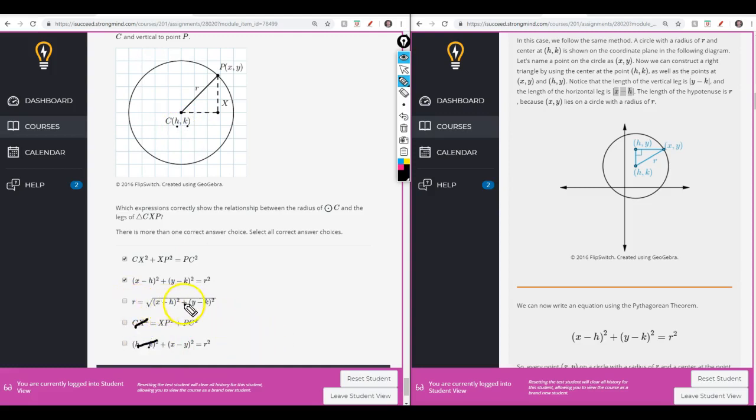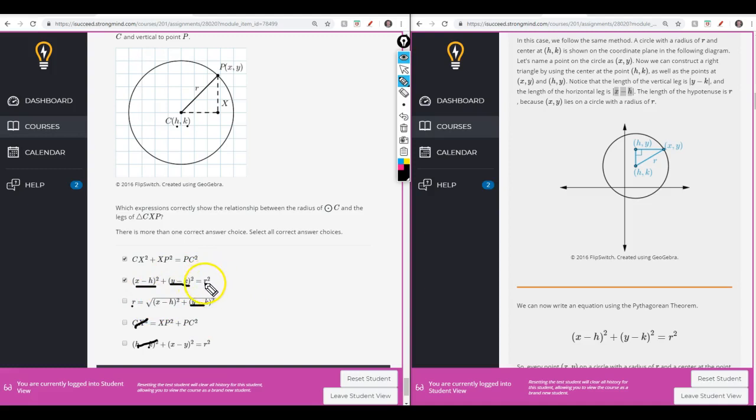And so let's check and see if this is also correct. I'm just noticing that this is x minus h squared, which is right here, and y minus k squared, which is right here. So I'm thinking, well, what's the difference? And the difference is this is r and this is r squared. So I'm asking myself, is there a relationship with this square root and a squared to see if I could figure it out?